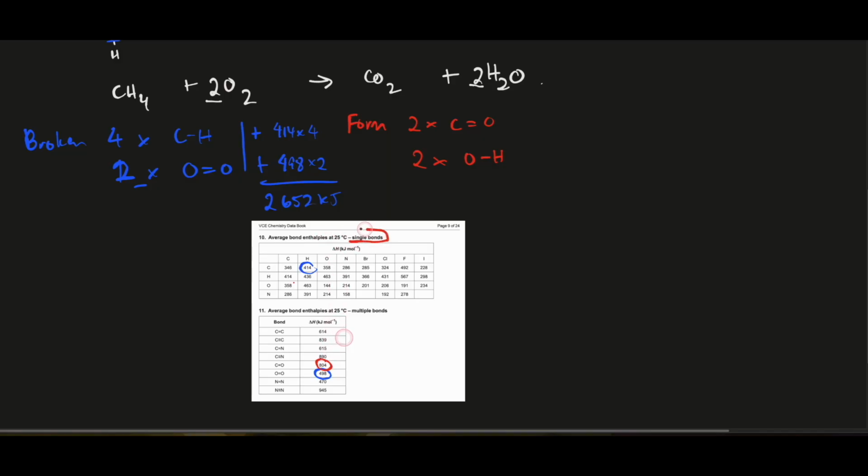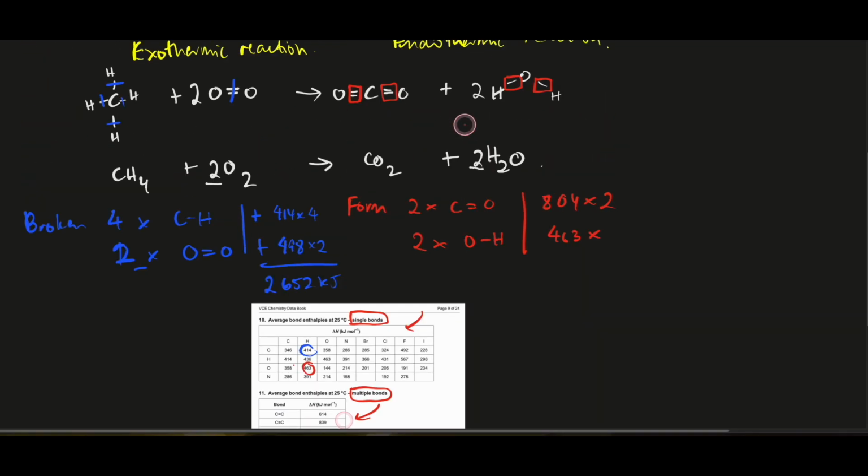These are single bond enthalpies in this table, and these are multiple bond enthalpies in this table. So C double bond O is 804, multiplied by 2, because we have 2 of them being formed, and we've also got OH bonds. The OH is right here, 463 multiplied by not just 2, oh my god, 4.